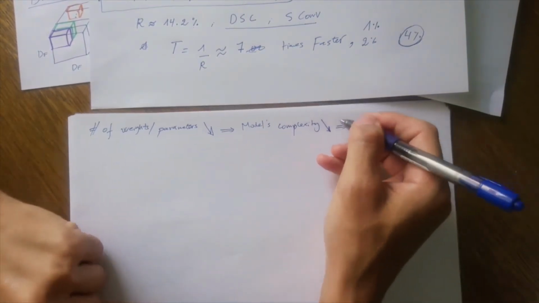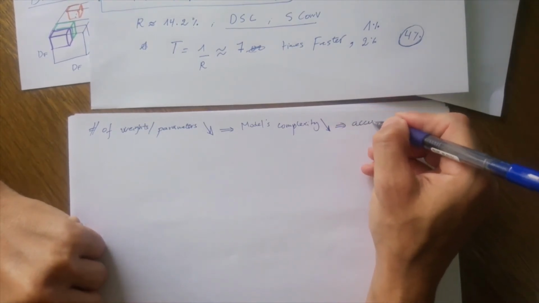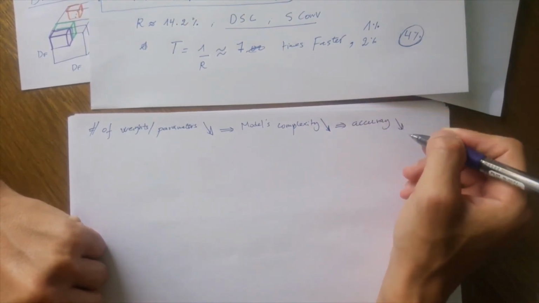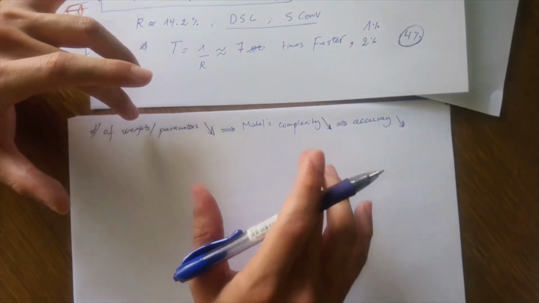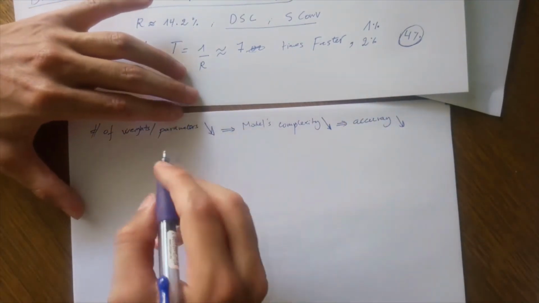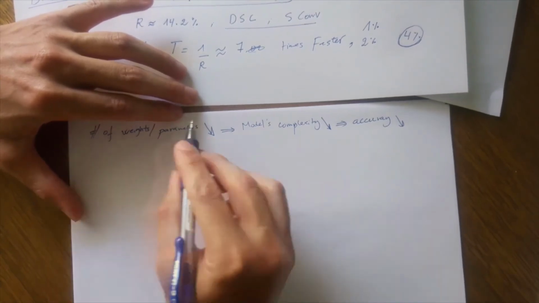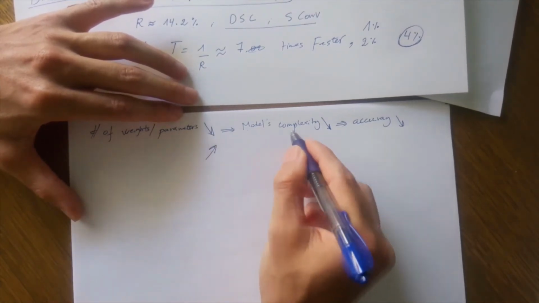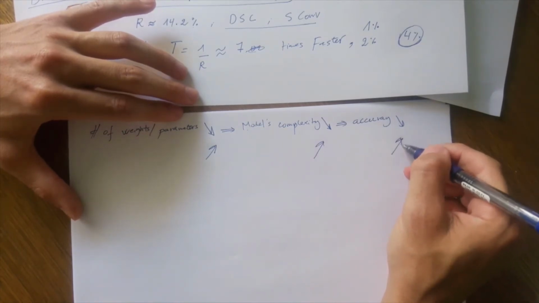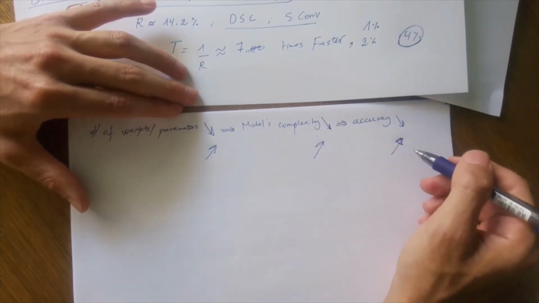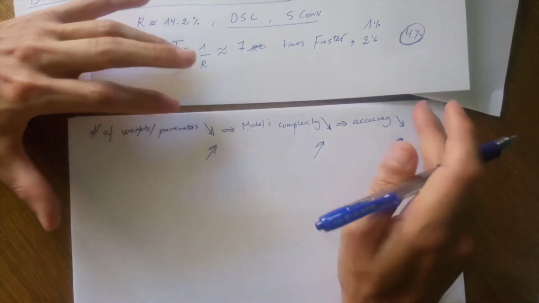In other words, the accuracy is expected to decrease as well, right? The same thing applies for the standard convolutions. So in standard convolutions we have a higher number of parameters, the model's complexity increases, and therefore the accuracy is expected to increase, assuming that we are not overfitting, right? So this is in general.